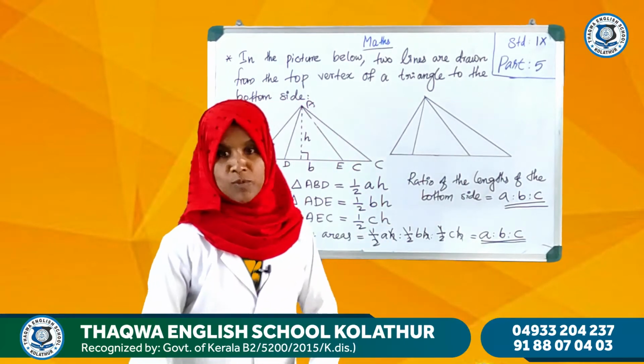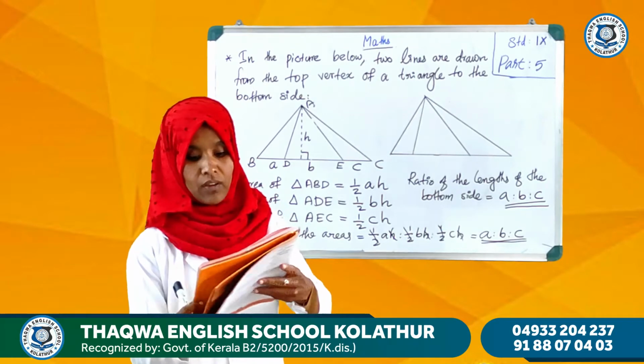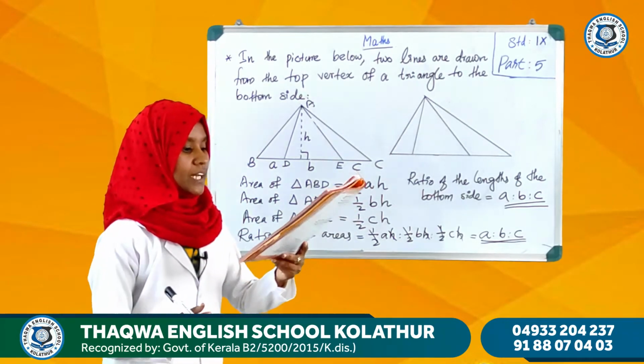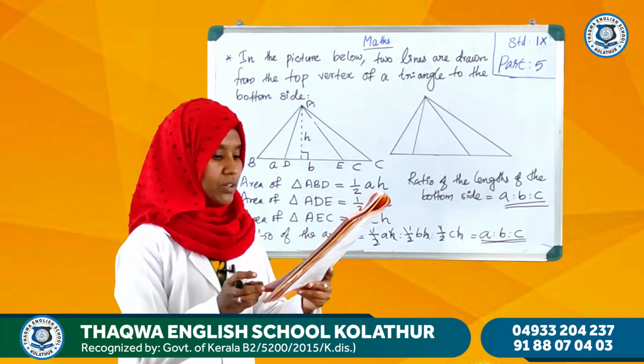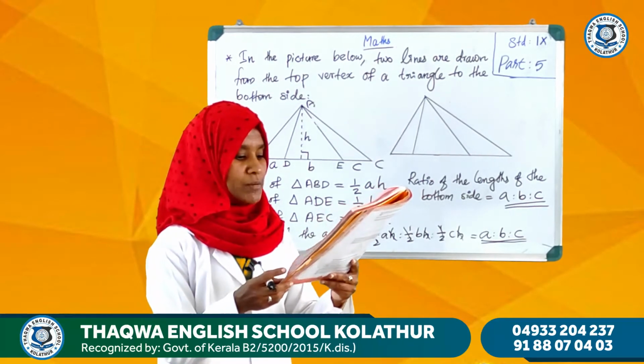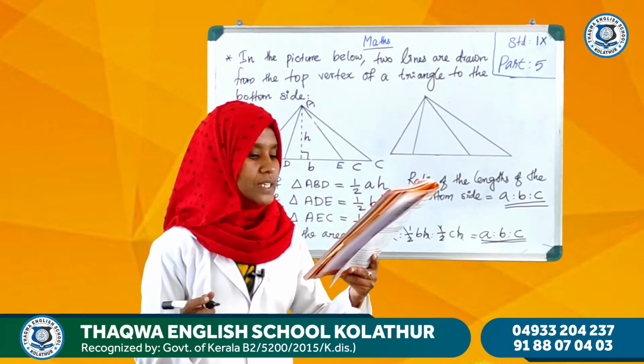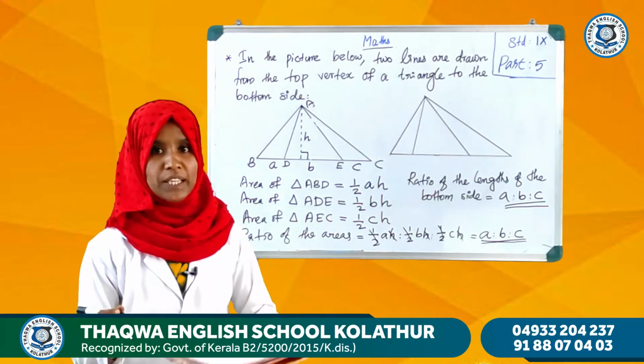Okay, now come to our question. What is the question? The ratio in which these lines divide the length of the bottom side is equal to the ratio of the areas of the three smaller triangles in the picture.